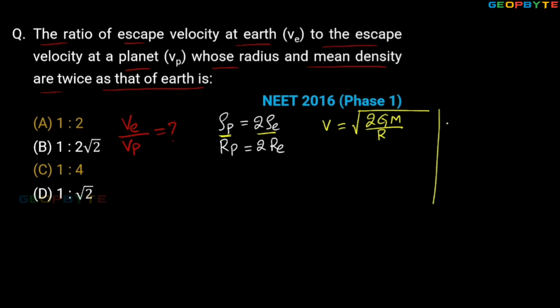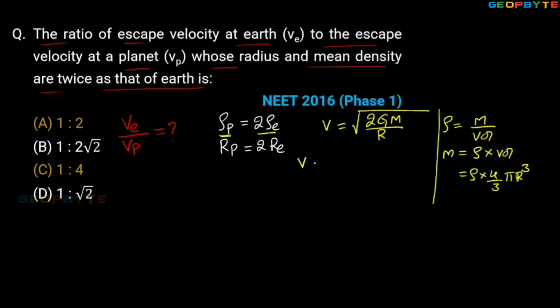As we all know, density rho equal to mass by volume. From this, mass equal to density multiplied by volume. It is equal to density multiplied by volume, which is 4 by 3 pi r cube. That is the sphere volume.